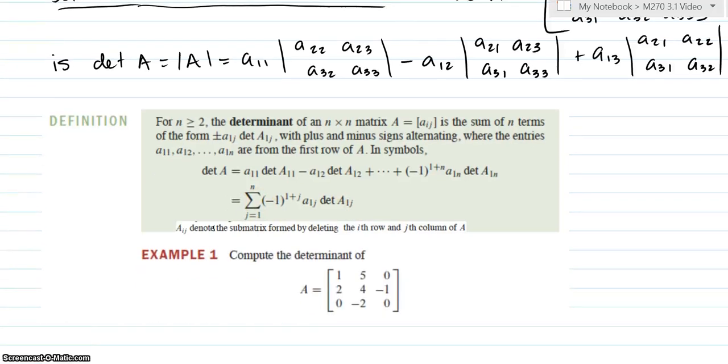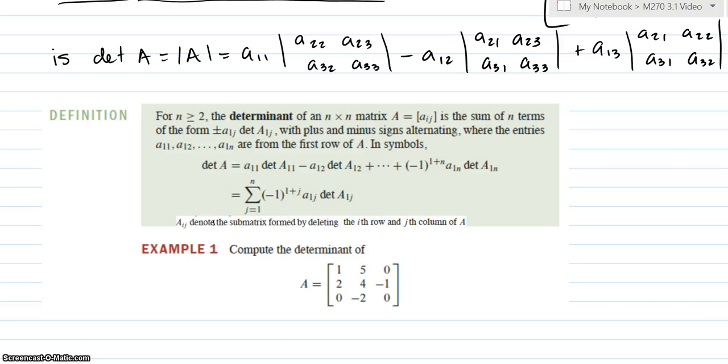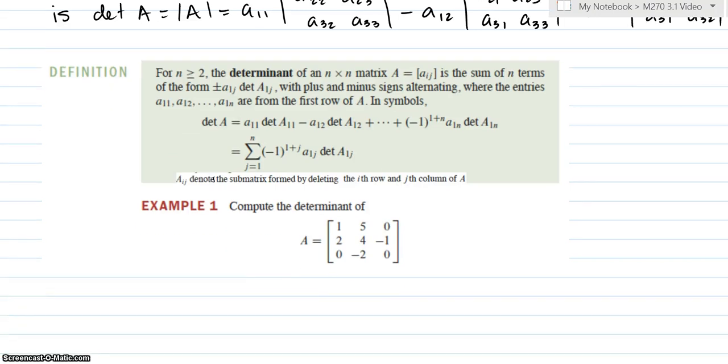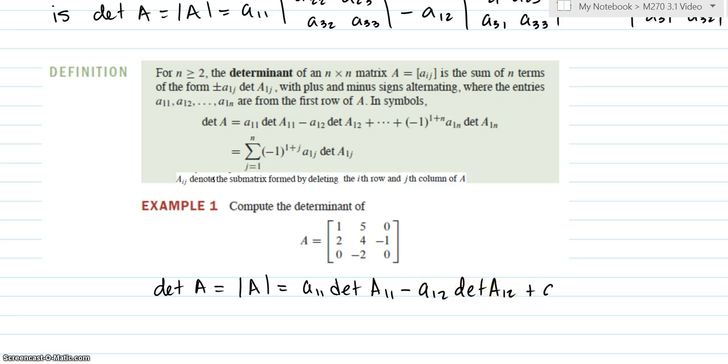So let's look at example 1. So to find the determinant of A, that's also another way to denote determinant of A. We know from this formula it's A11, determinant of A11, minus A12, determinant of A12, plus A13, times the determinant of A13.